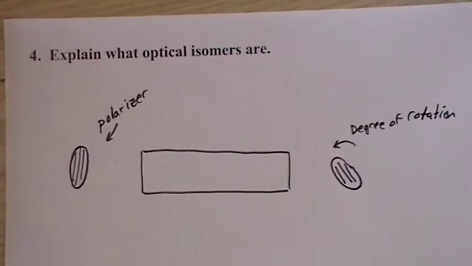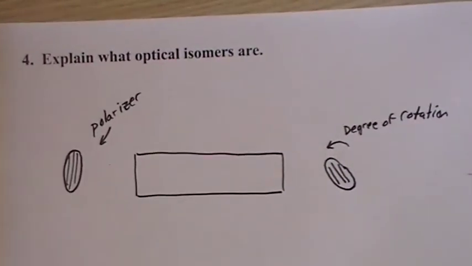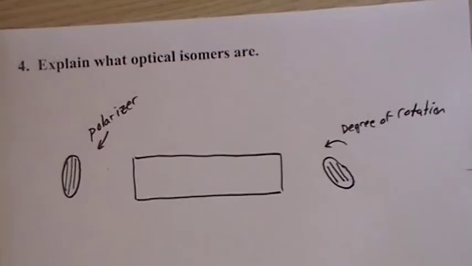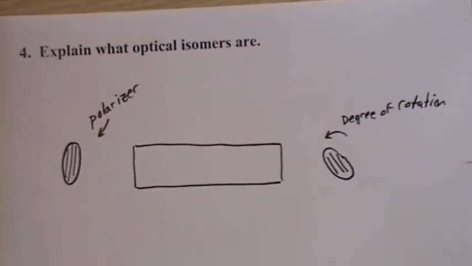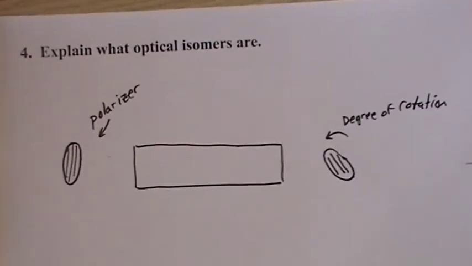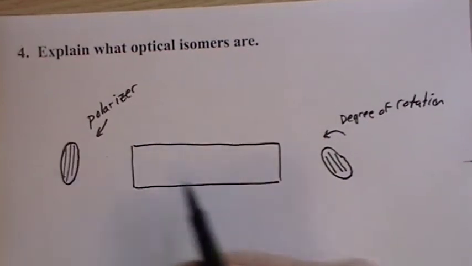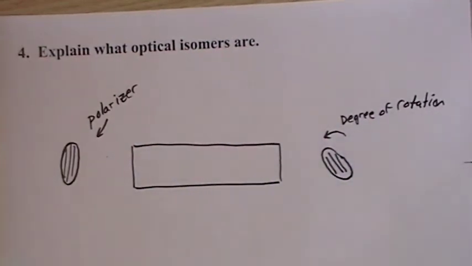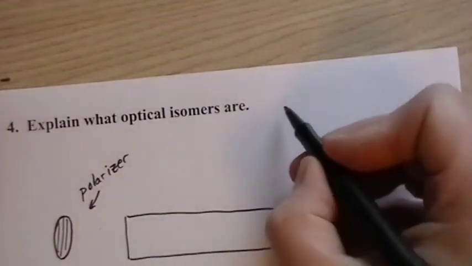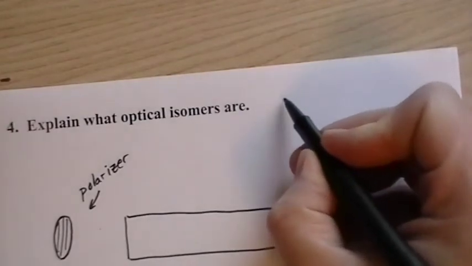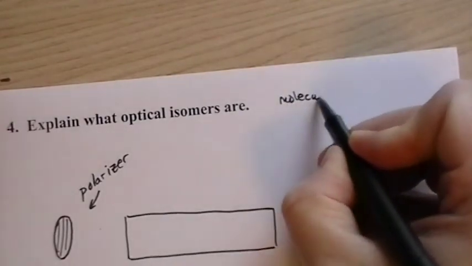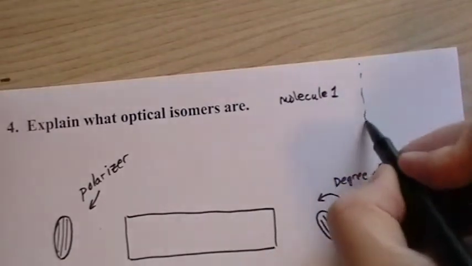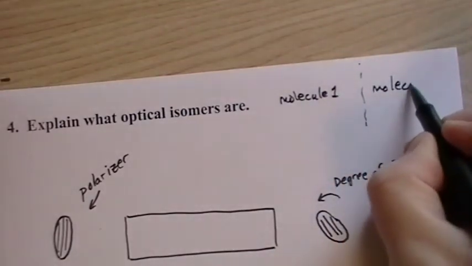Okay, then we get to an even more subtle type of isomer, because not only is the bonding the same, but the orientation in space is the same. So it's a little tricky to say, well, how can they possibly be different? Well, what we do is take one molecule and look at its mirror image.